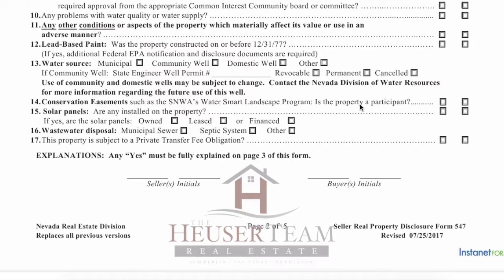So when they did that, let's just say they gave you $2,000 because you ripped out your grass and put in this landscaping. They put something called an easement on there, which means a pool cannot go in, or grass cannot go back in, or water features cannot go back in unless that money is paid back. And there are also some paperwork fees and interest and everything that goes along with that.